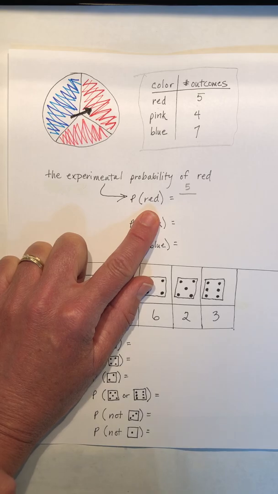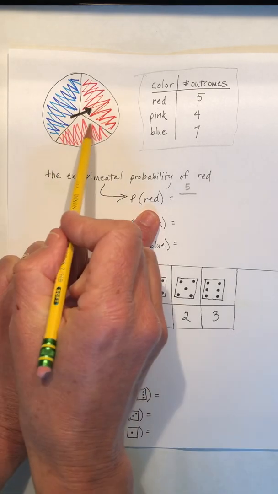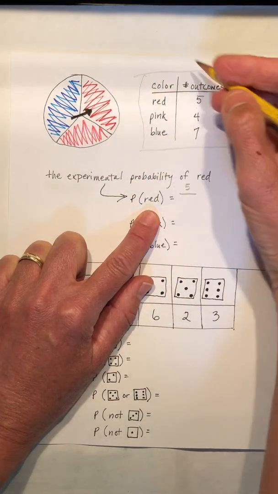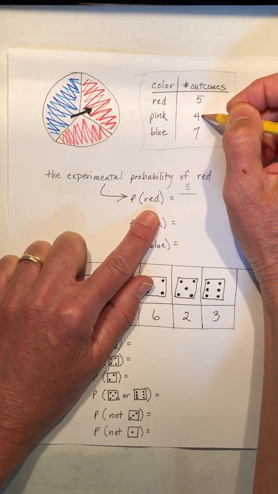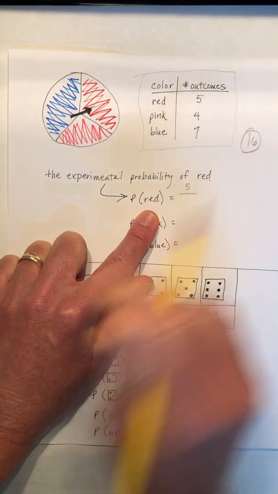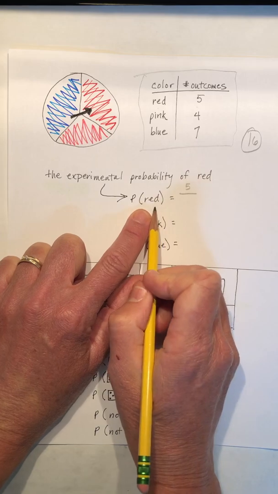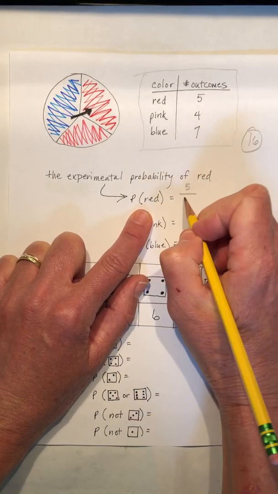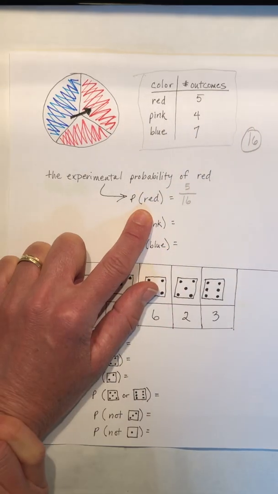That means, remember, the total number of times that I was spinning that spinner. So I take my chart over here, 5 plus 4 is 9, plus 7, this is a total of 16. So the experimental probability of getting a red was 5 out of 16.